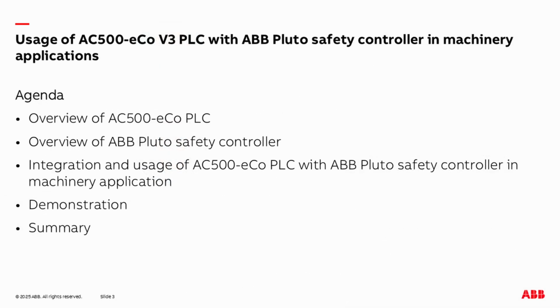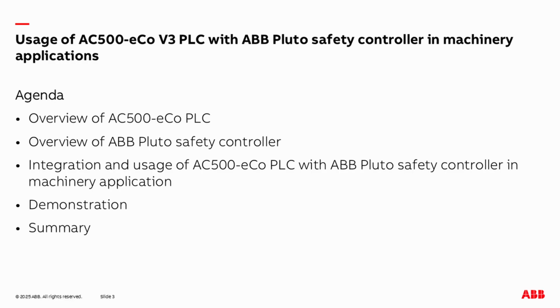Then we'll start with the agenda. So we'll have a session of the overview of AC500-eCo PLC, a little bit to touch the topic where the functional safety is needed and why we see ABB Pluto safety controller as the right add-on here.